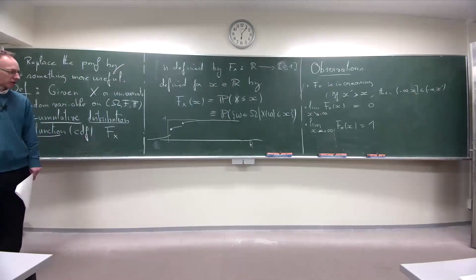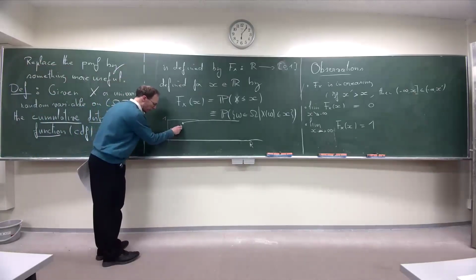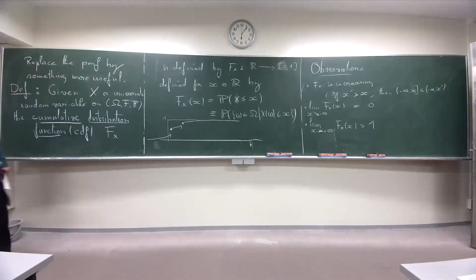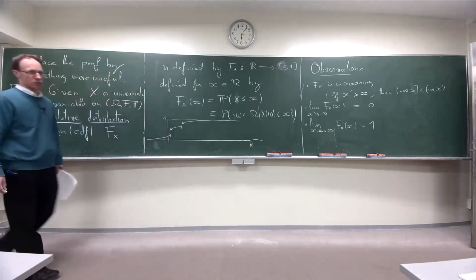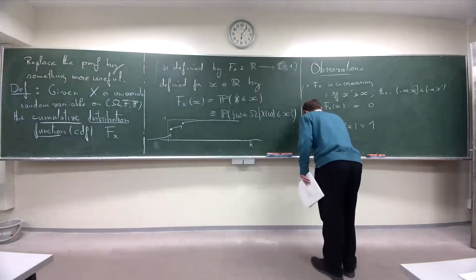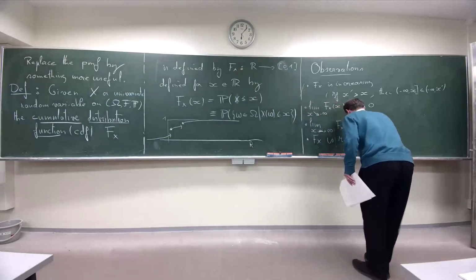And on this picture, I paid attention to doing it right continuous. So if you have a jump, of course, you have to decide if the function takes the value here or here. And the claim is if you have a jump, the function has to take the value on the right, which says F_X is what we call right continuous.